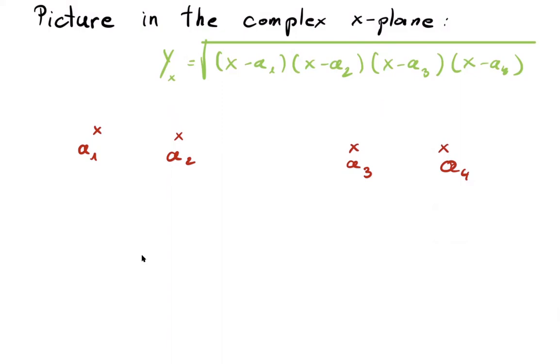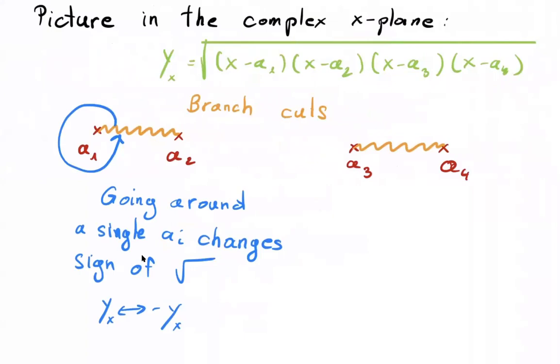And I have the square root. And because of the square root, I have put two branch cuts into my complex plane, which mean the following. For example, if I turn around A1, I will change the sign of the square root.